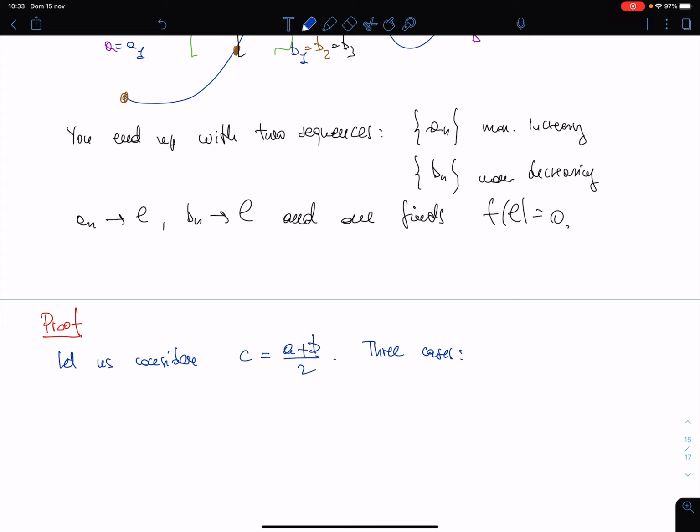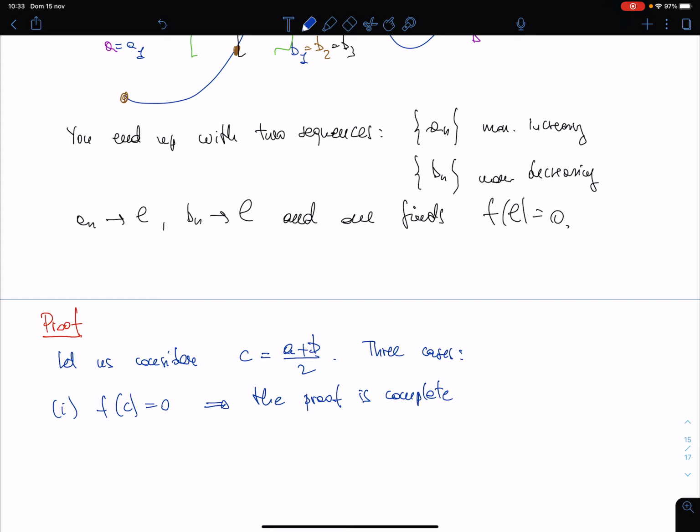The first case is f of c is equal to 0. Then the proof is complete. We found by luck a point where the function vanishes.